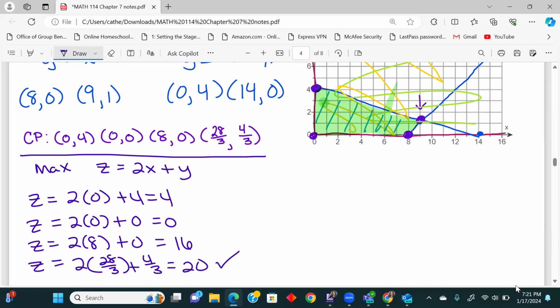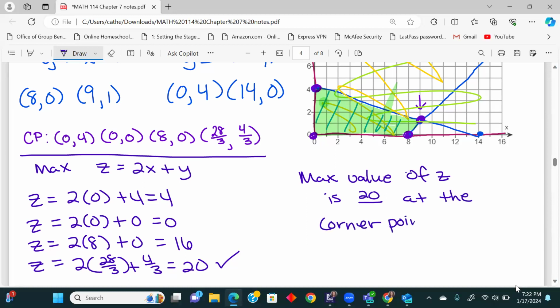So this is the largest value. So the max value of z is 20 at the corner point. That was the last one that we used. 28 thirds, 4 thirds.